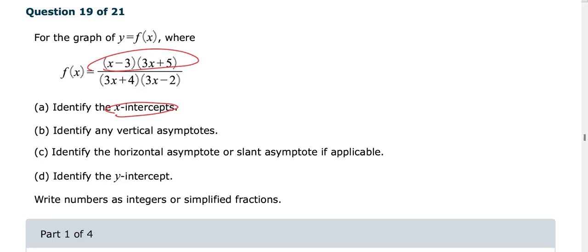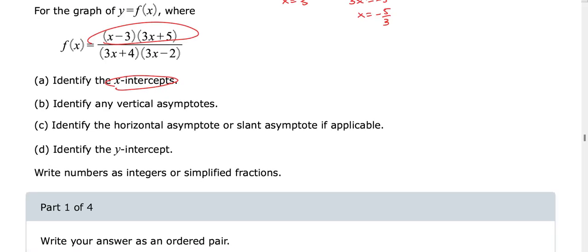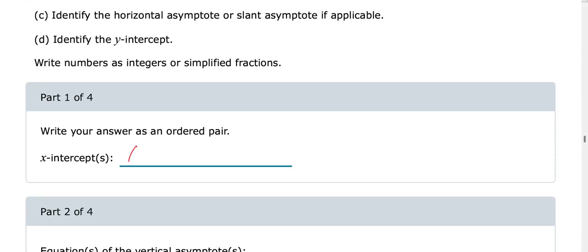So we've got x minus 3 and 3x plus 5. Set them both equal to 0, solve for x. 3x equals -5, x is -5/3. So for part A, the intercepts are going to be 3, 0, and -5/3, 0.